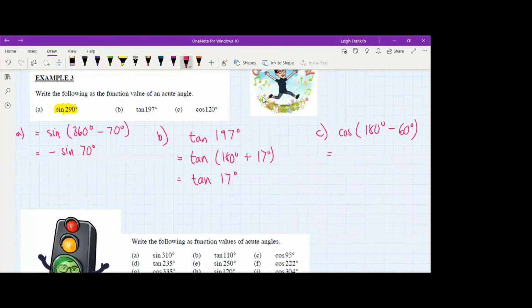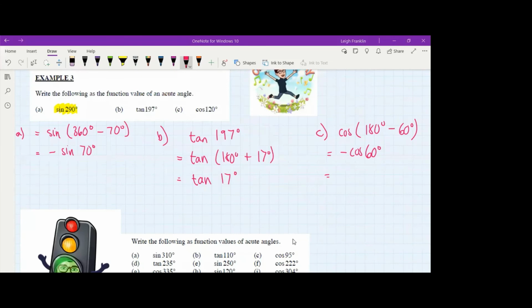So cos of 180 minus 60 reduces to negative cos 60. Have you guys done special angles? Yes, no. Some of you have. Those of you who haven't done it, I'm sure your teachers will do it with you shortly at school.